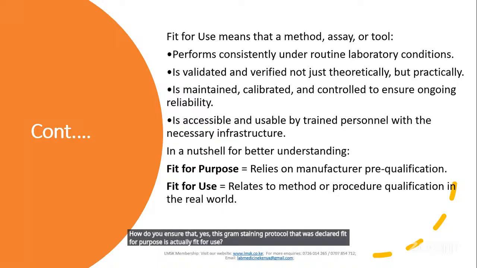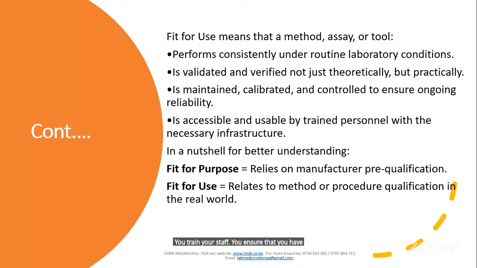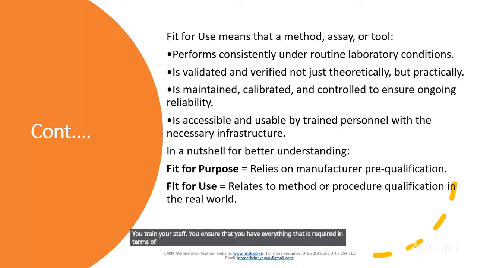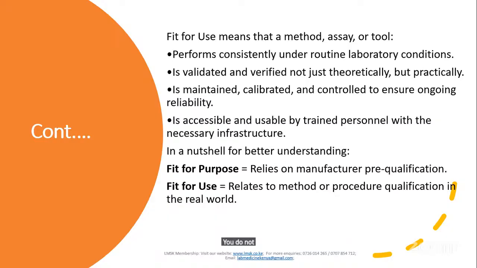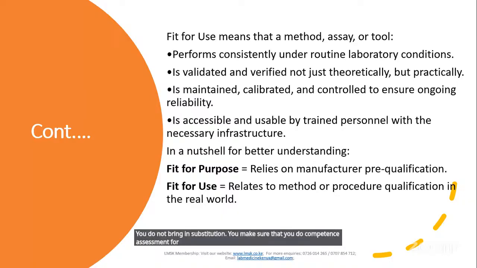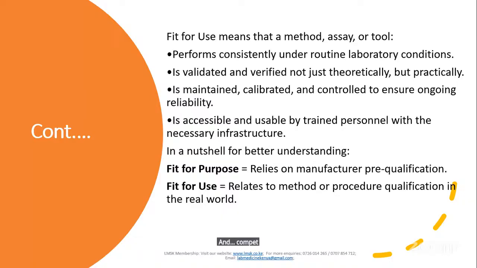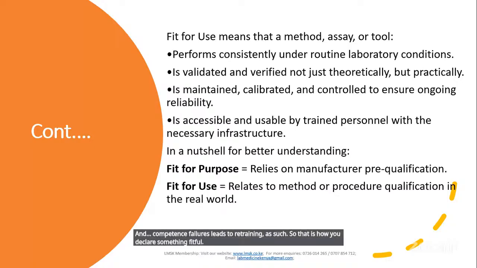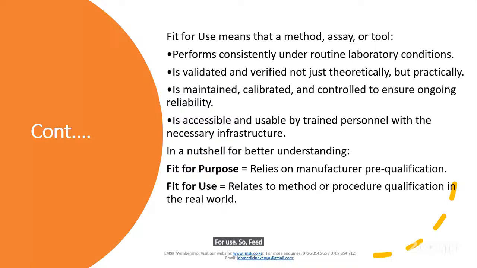You train your staff. You ensure that you have everything that is required for gram staining. You do not bring in substitution. You make sure that you do competence assessment for your staff. You make sure that any competence failures lead to retraining. So that is how you declare something fit for use. So fit for purpose must be translated to fit for use for proper adoption and reliability of the outcome in the lab.